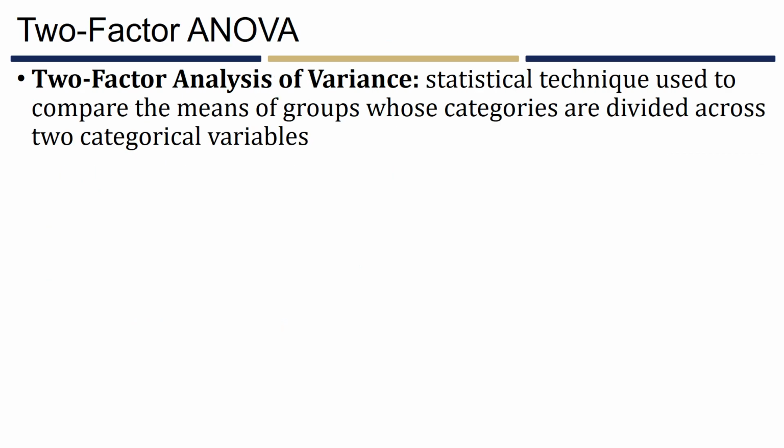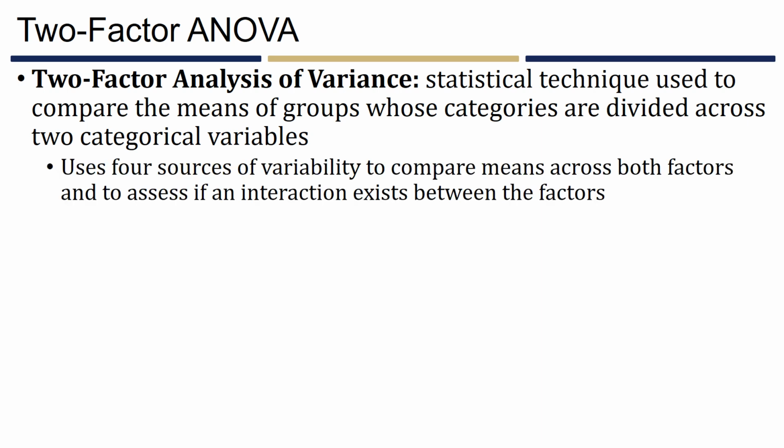Two-factor analysis of variance is a statistical technique that we use to compare the means of several groups whose categories are divided up across two categorical variables. Now, two-factor ANOVA uses four different sources of variability to compare the means across both of the individual factors, as well as to assess if there's some kind of an interaction between the factors.